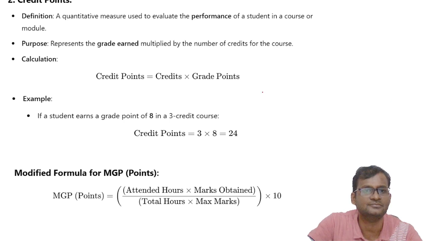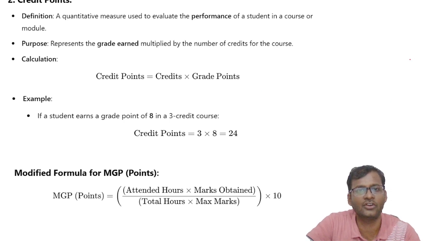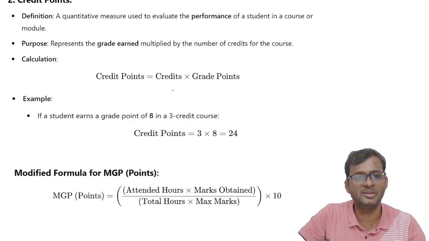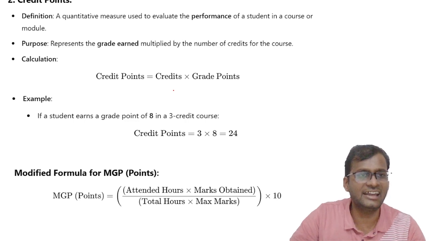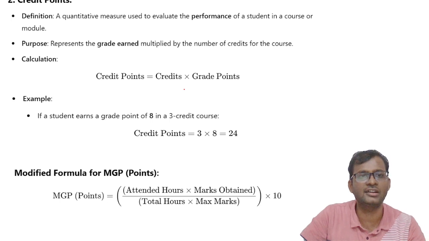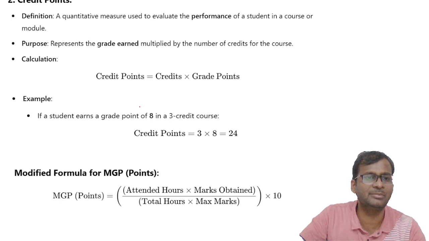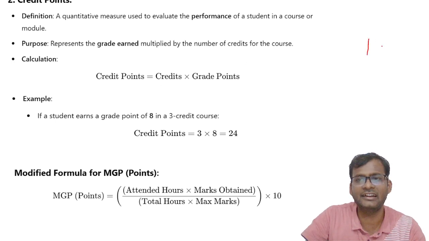One another concept here is that most people get confused between credits and credit points. Both look similar, but they are different. Credit is basically a measure of working hours. For example, one credit is equal to 30 hours of working duration or learning hours.